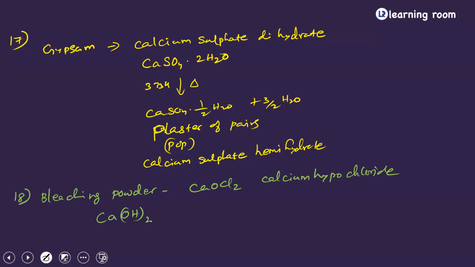Calcium hydroxide plus chlorine gives CaOCl2 plus water. And give the chemical equation for the preparation and write two uses. One is for sanitary workers. What else can we write? Easily write one: it is used in the paper industry, and then in the chemical industry.